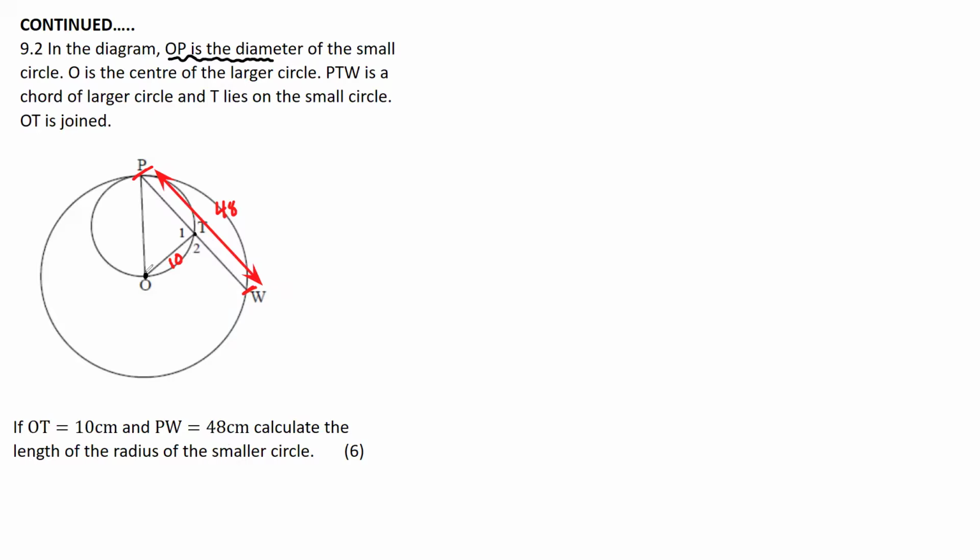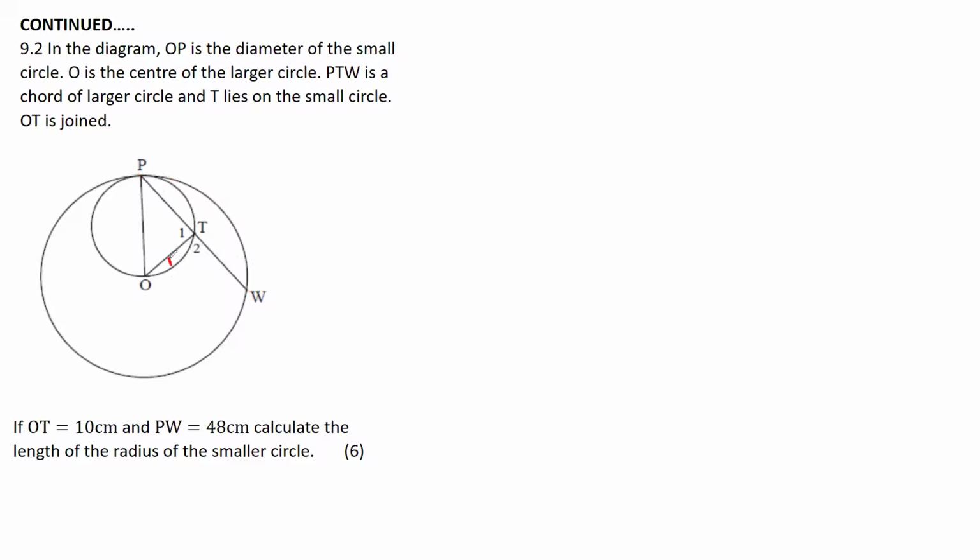So you know what? If I get OP, which is the diameter of the smaller circle, and divide it by 2, I can get the radius, right? But let me think. Let me see what I know and what I can do.